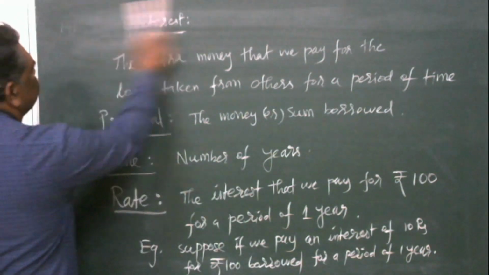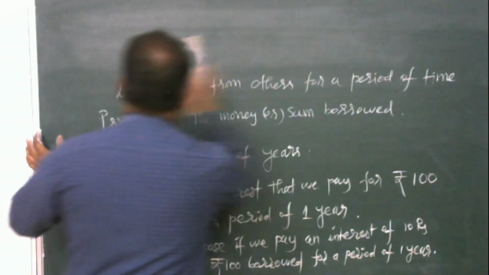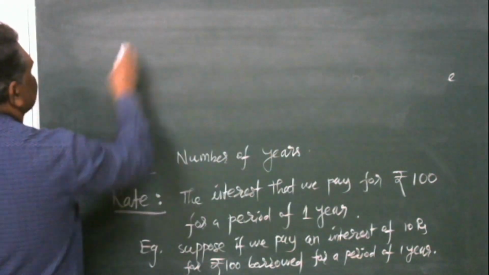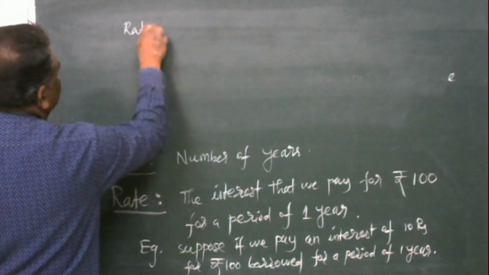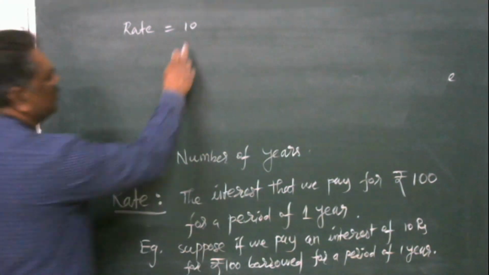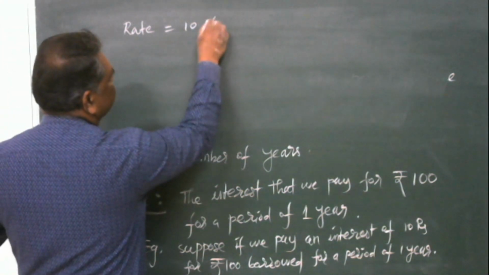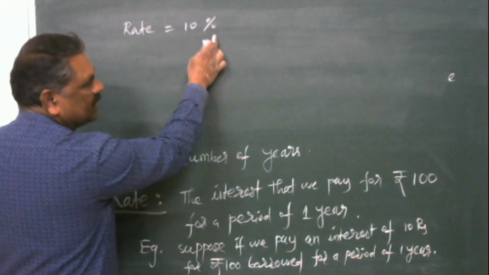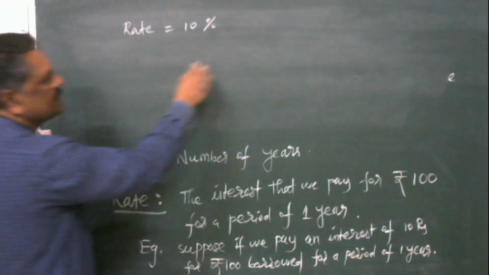Then the rate will be 10 rupees for every 100 rupees. So we will be writing it as 10 rupees per 100, that is 10%.